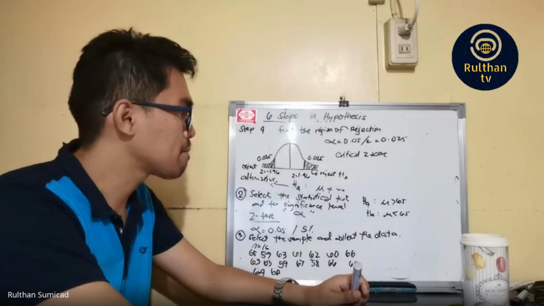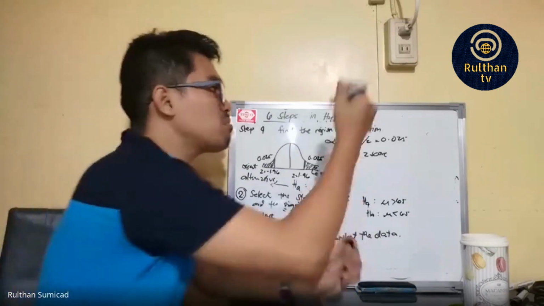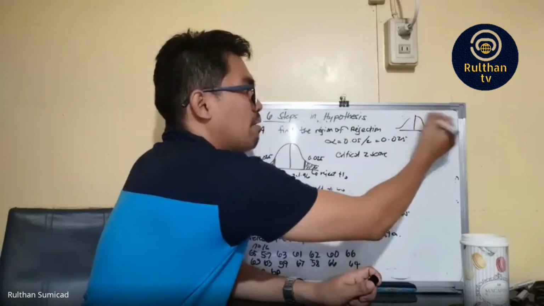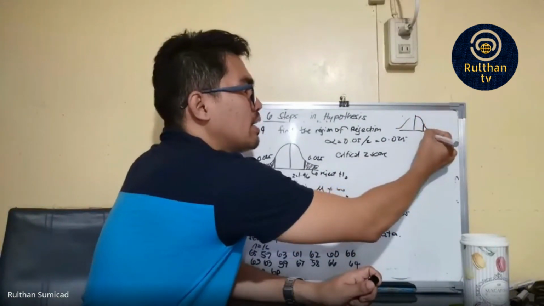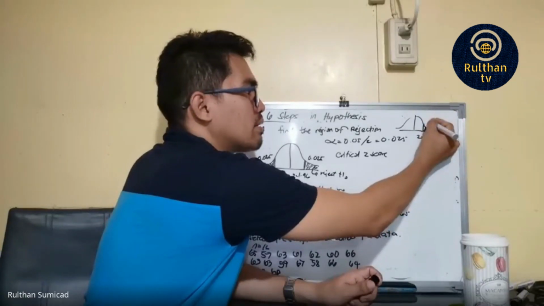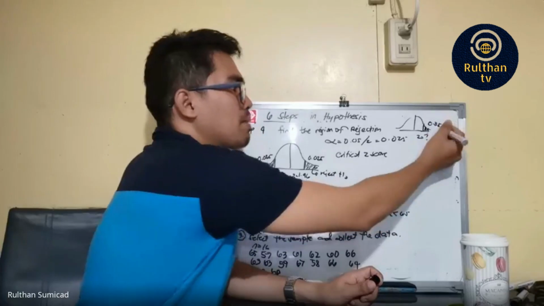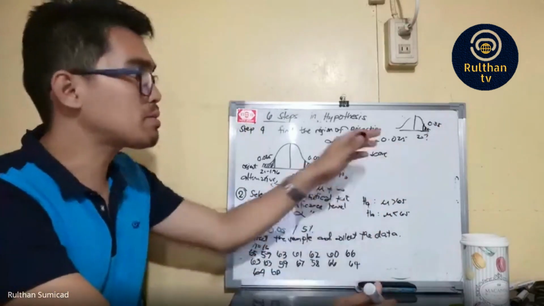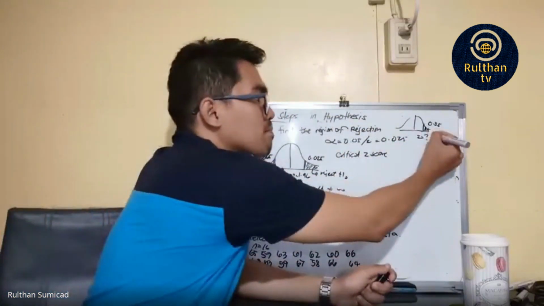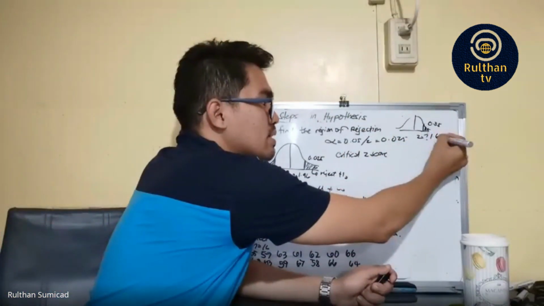Go ahead. So illustration-wise, it would have been like this. If it is greater than the mean, it's like here. What's the Z value here? And then this is 0.05 because it's just one tail. So what must be the critical Z? The Z value is 1.65.